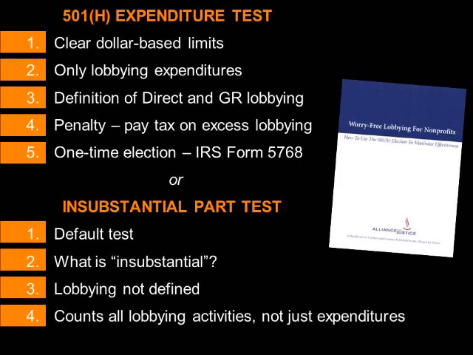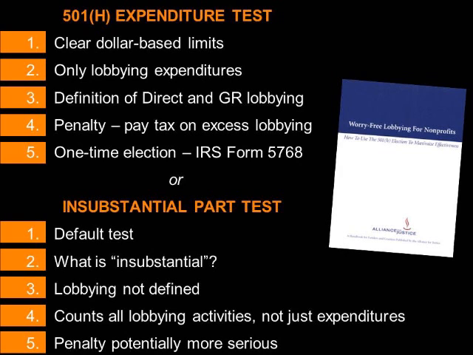Unlike under the 501h expenditure test, where all the IRS cares about is how much did the C3 actually spend on lobbying. And finally, the penalty for doing more than an insubstantial amount of lobbying is potentially more serious under the insubstantial part test. Doing too much lobbying could theoretically result in the loss of tax-exempt status for a 501c3 organization.